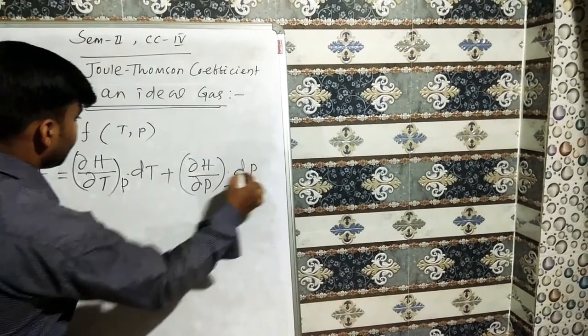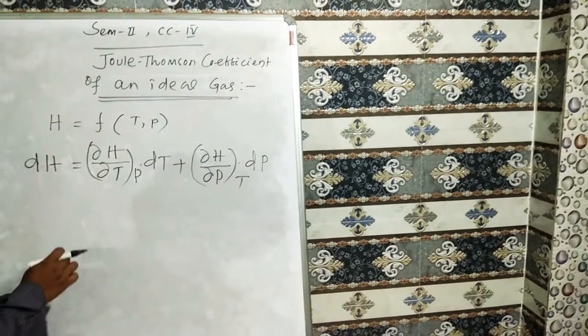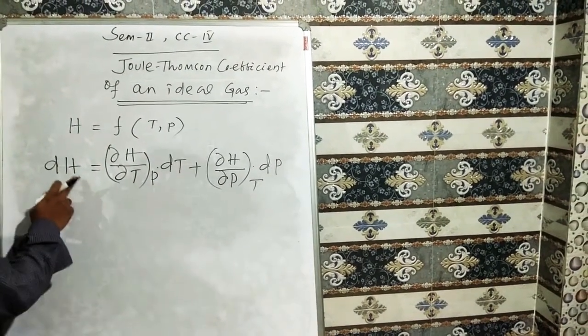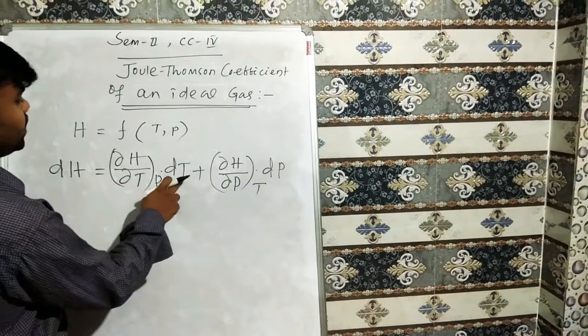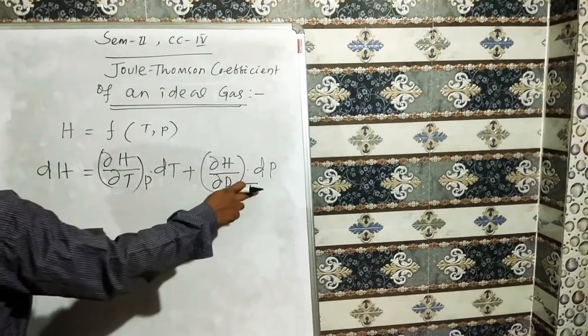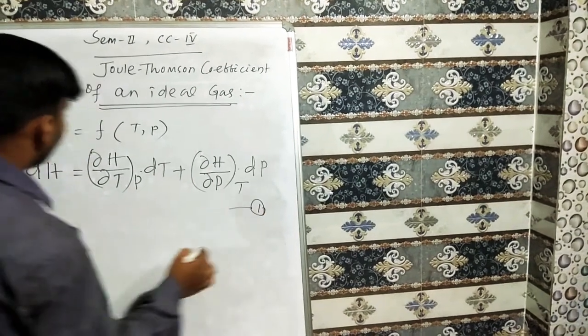So enthalpy is a function of temperature and pressure, so we can write the differential equation: dH equal to del H by del T at constant P times dT plus del H by del P at constant T times dP. Okay, this is equation 1.